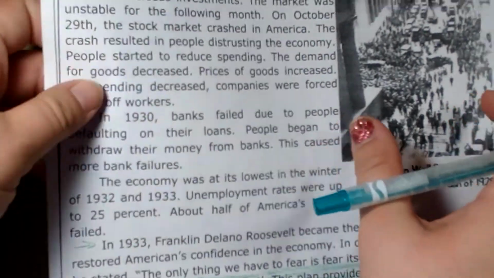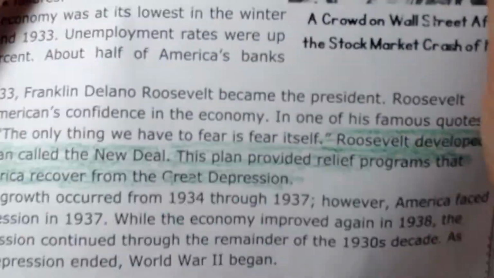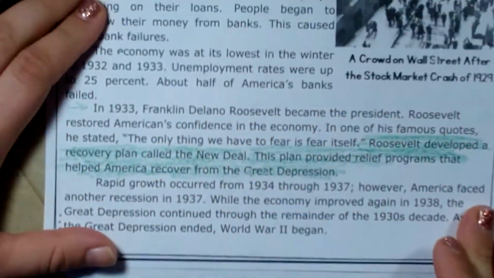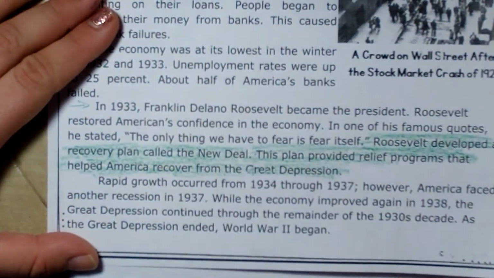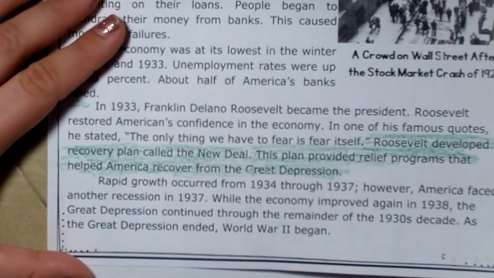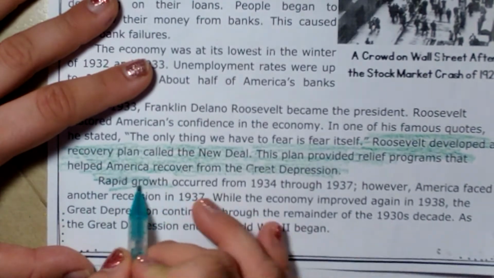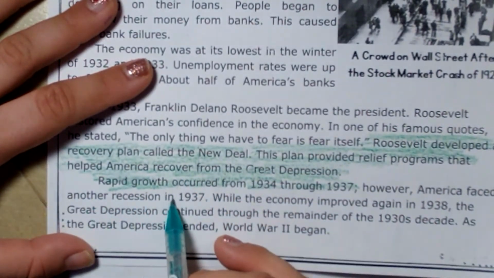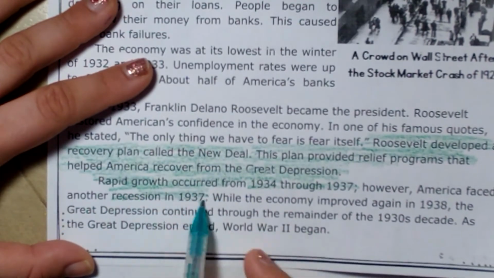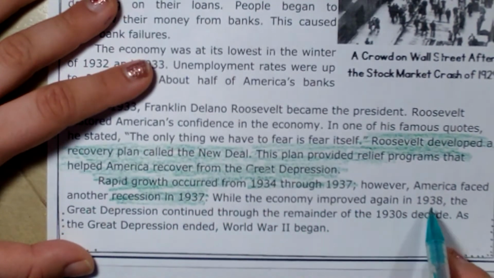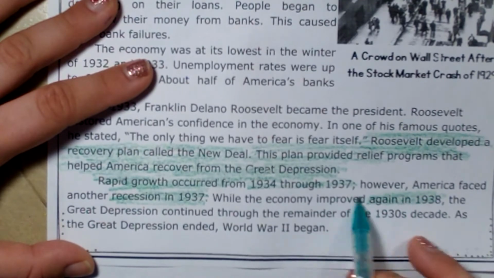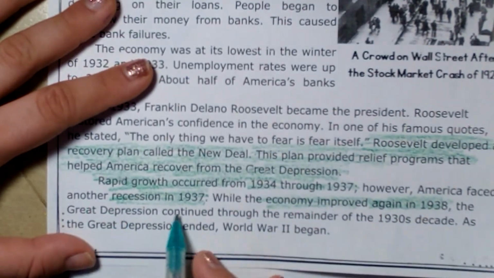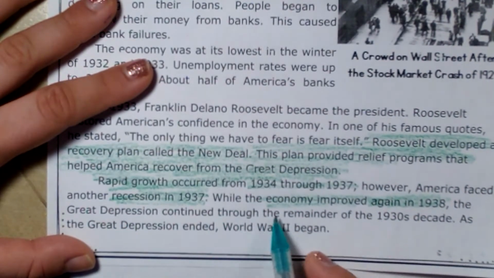I'm actually going to fold this paper a little bit so we can see it. Rapid growth from 1934 through 1937. That happened after he was president. However, America faced another recession in 1937. While the economy improved again in 1938, the Great Depression continued through the remainder of the 1930s decade.